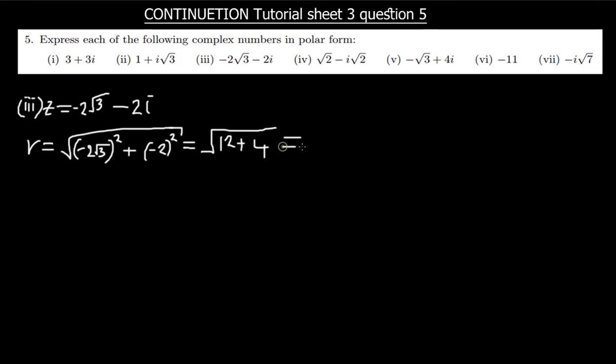This gives you the square root of 16, which we all know is 4. So 4 is our magnitude, the magnitude of this complex number. It's actually also a vector, but in complex form.